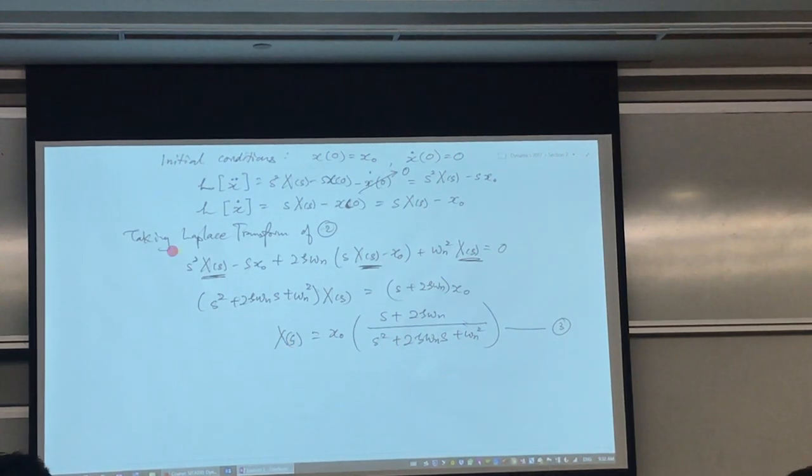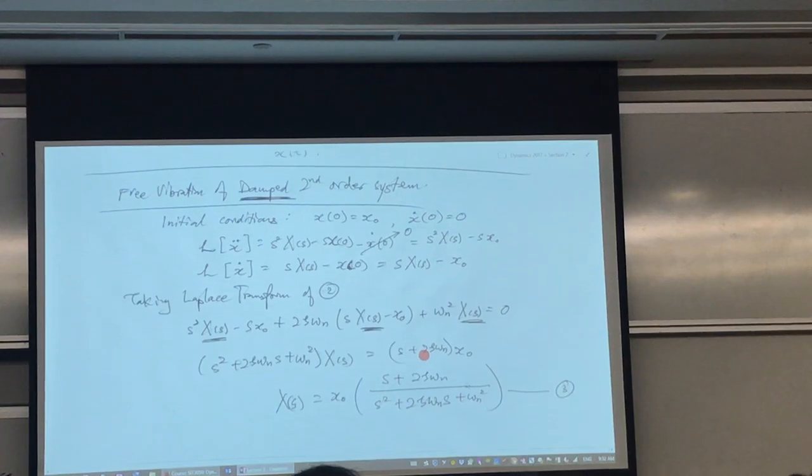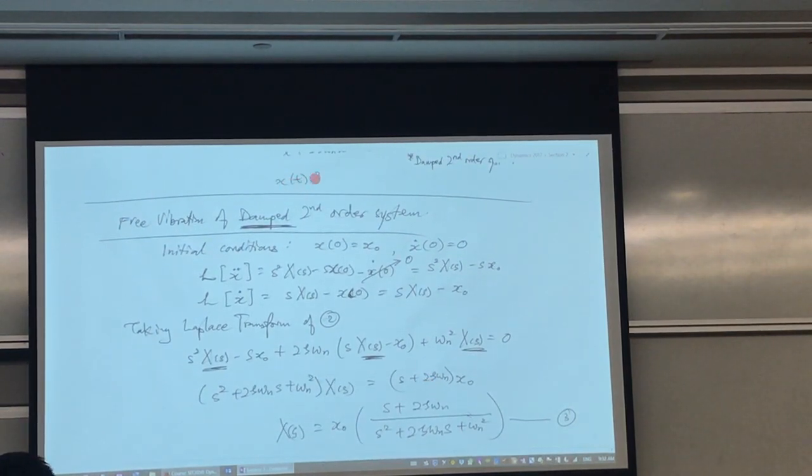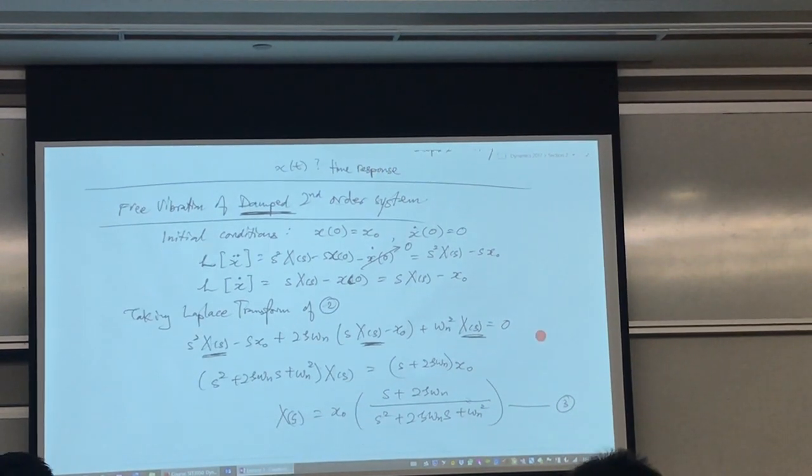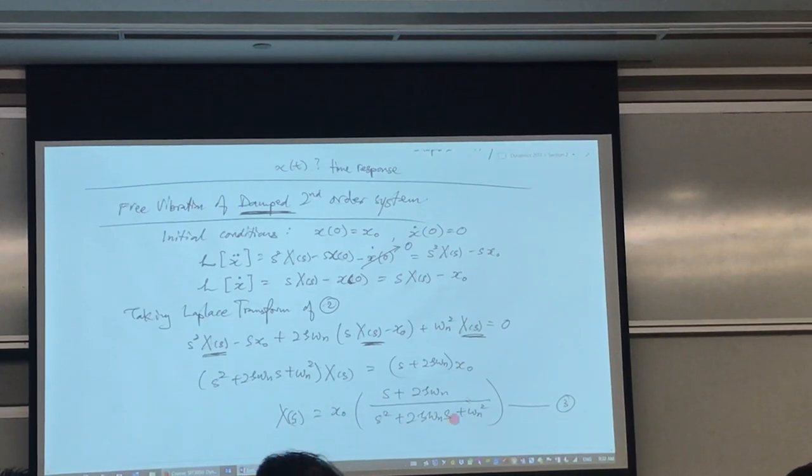Whenever we try to get x(t), sometimes we call it the time response. To do that, after taking Laplace, you must be able to take inverse Laplace. But we can't take an inverse Laplace on this form.